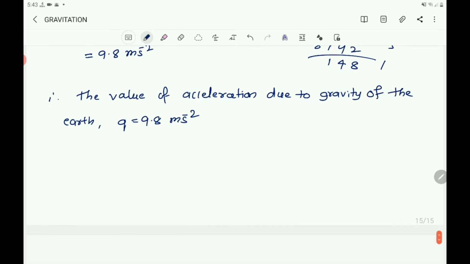That is the average value of g. But you know that as the earth is not a perfect sphere, the value of g varies from equator to pole. So at the equator it is near about 9.7, and at the poles it is a little more than 9.8. So the average value you have taken is 9.8.